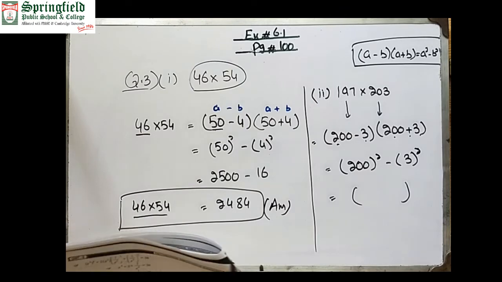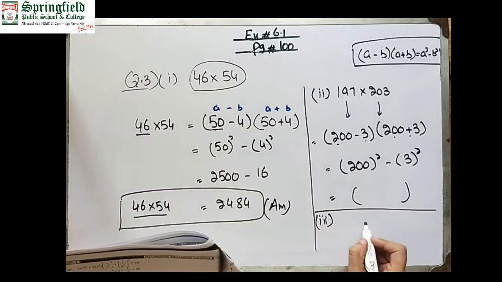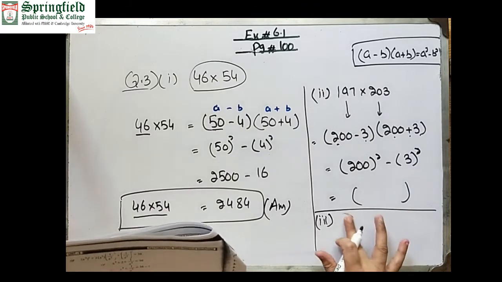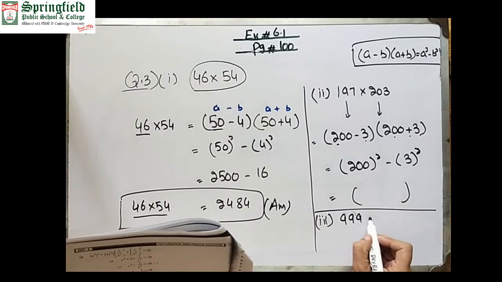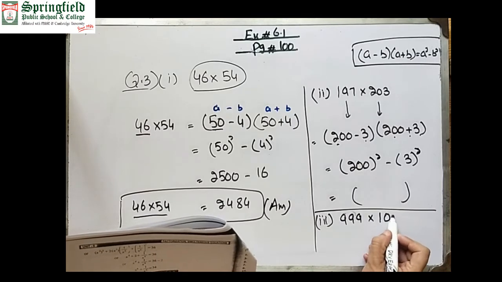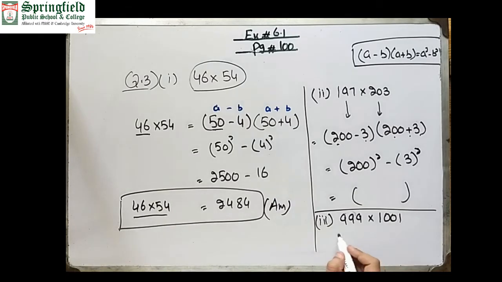Understood, beta? Okay, the third part is 999 multiply 1001. So 999 can be written as 1000 minus 1, when we subtract 1 from 1000.